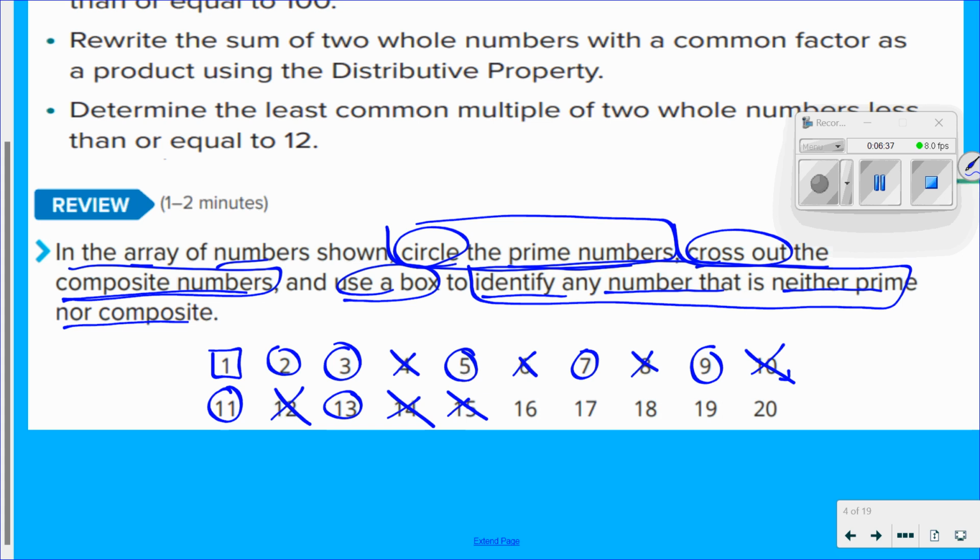16. Scarlett? Oh, it's supposed to be crossed out. Thank you. Good job. Bonus points for Scarlett. Excellent. 16. Stella? Composite. 17.